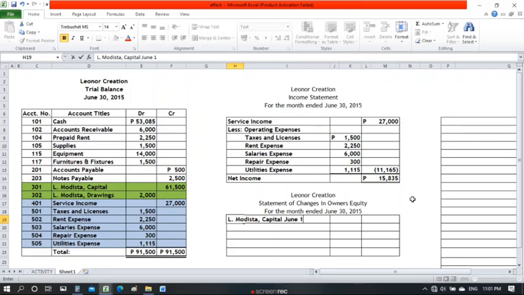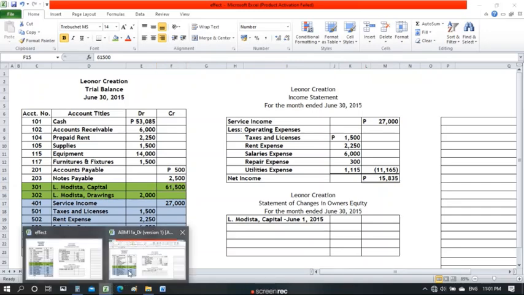So, lalagyan natin siya ng June 1 date. For you to determine if there is a beginning capital, since your trial balance only gives you one figure, which is the one that we get from the ledger, you also need to check the ledger.